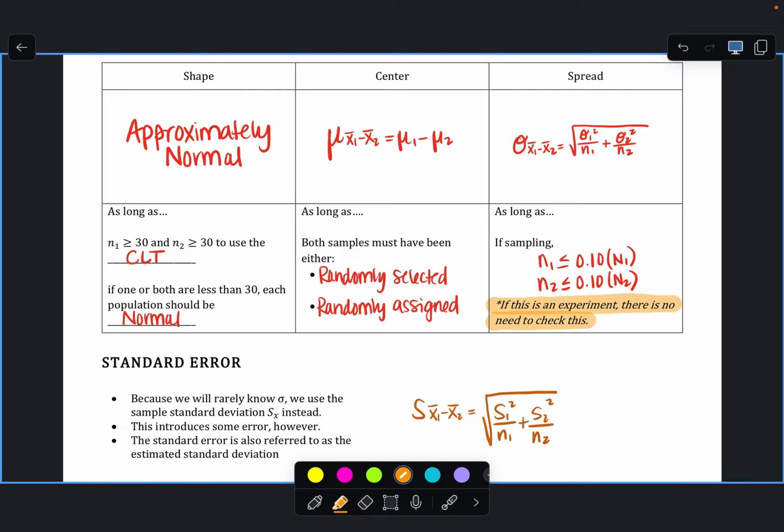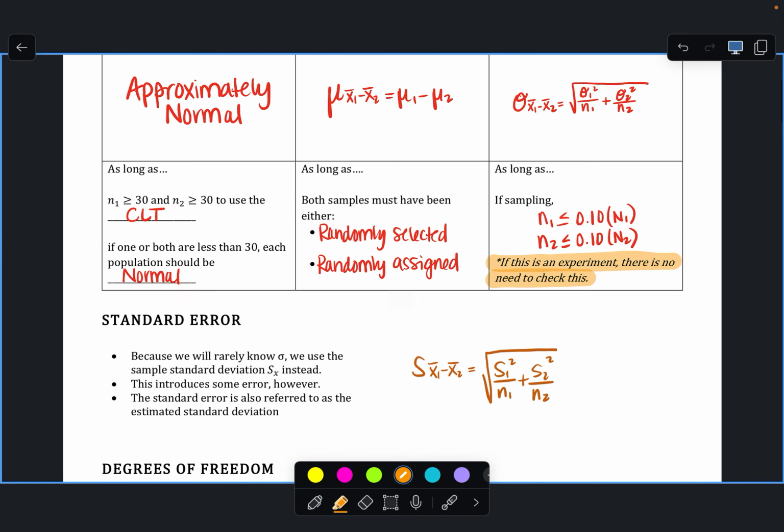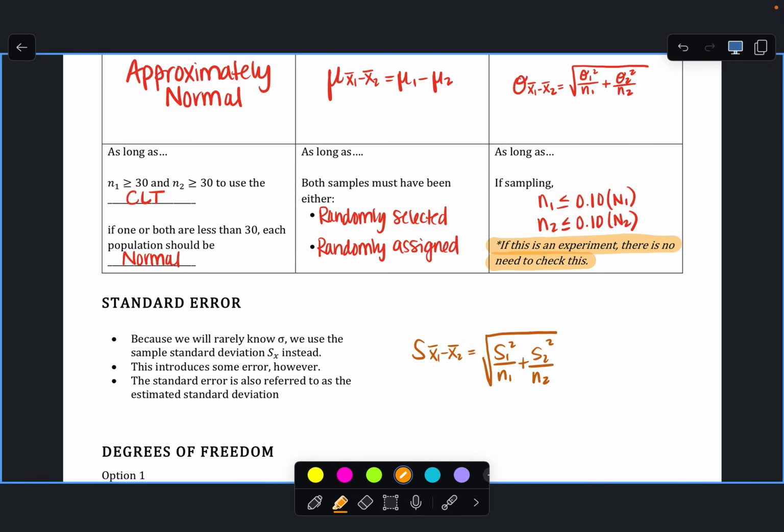So these are my sampling distribution features. The one thing that is going to change, if you notice from our standard deviation formula in the top right to what is down in the standard error, the top right is those special cases where you do know the population standard deviation, that's sigma.